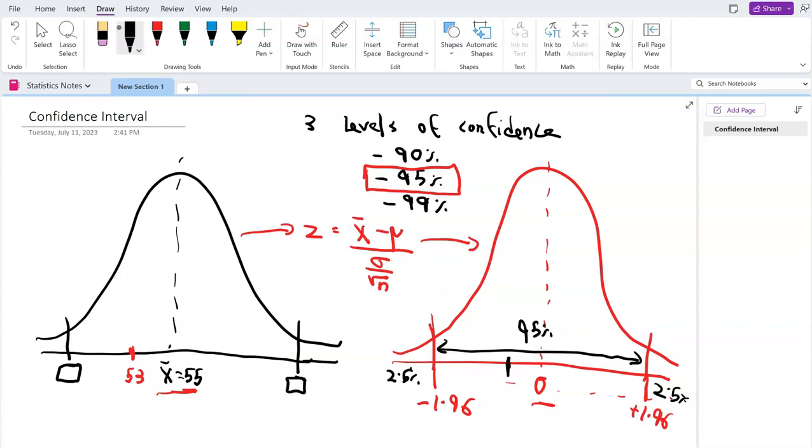But if the population mean is way outside, then it would be out here. But we want to be 95% confident, so we will be within this range. All the numbers within here are possible candidates. The extremes are going to be negative 1.96 and positive 1.96.